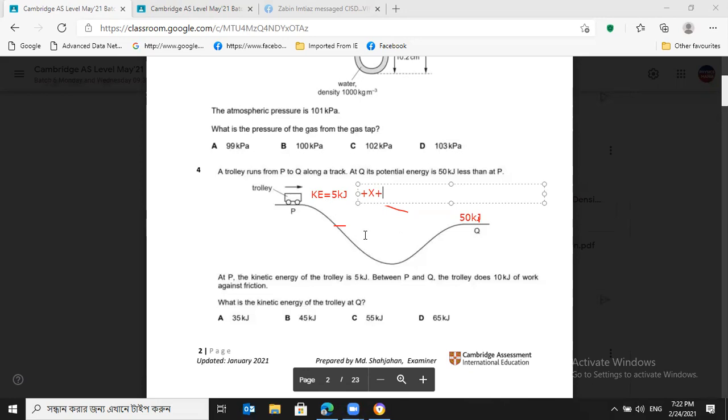When it's going in this way, we have 10 kilojoules lost. So we have here plus 50 kilojoules plus 10 kilojoules equals x, right? Isn't it?